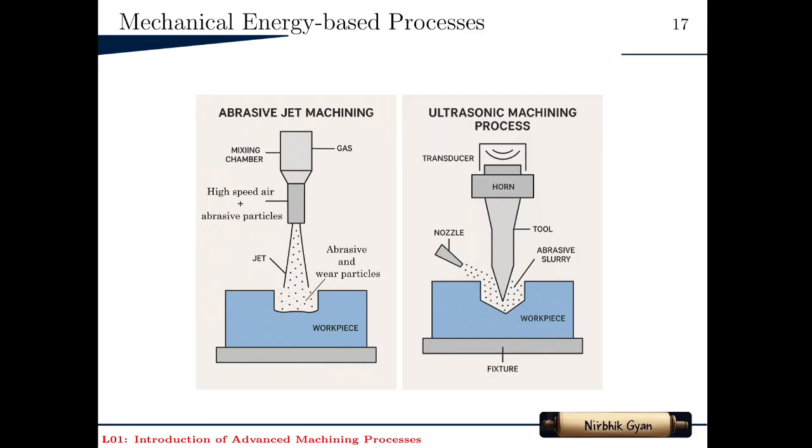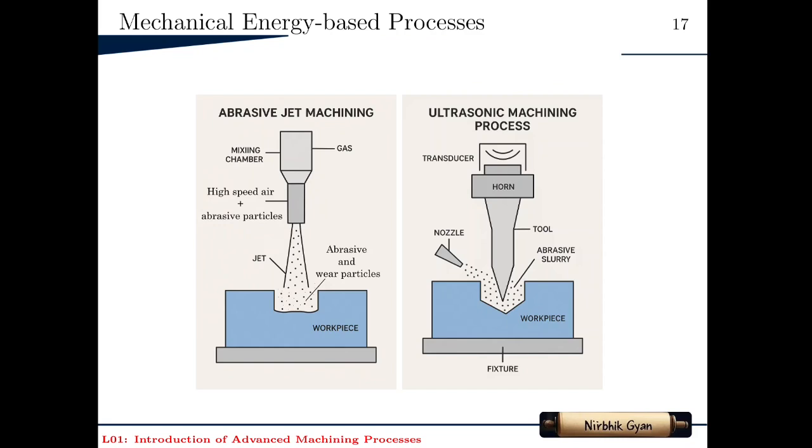You can see on the schematic diagram, on the left side, abrasive jet machining. In the mixing chamber, gas and abrasive particles are mixed together. Mostly aluminum oxide and silicon carbide are used as abrasive particles.